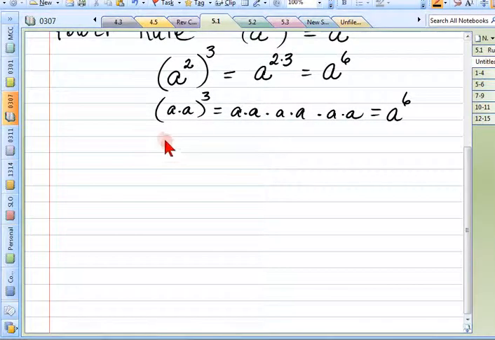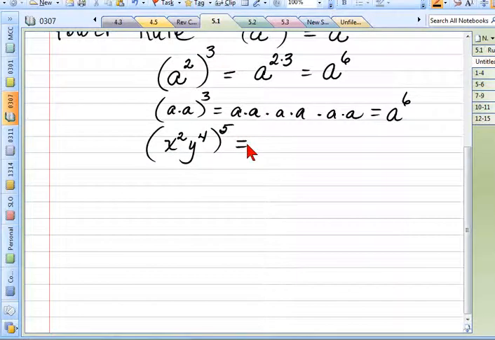If you had x to the second, y to the fourth, raised to the 5th power, these are not like bases. They are different factors, but each one of them is affected by the 5 on the outside. So I use the power rule twice. I will get x to the what power? 10. 2 times 5. Y to the 20th.